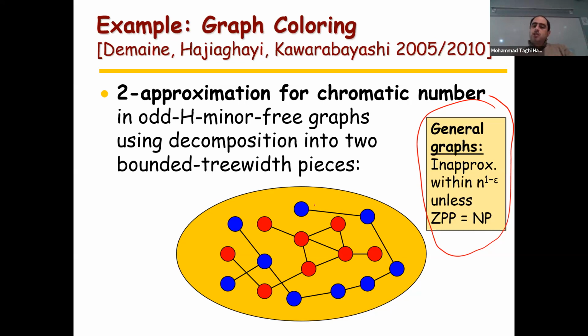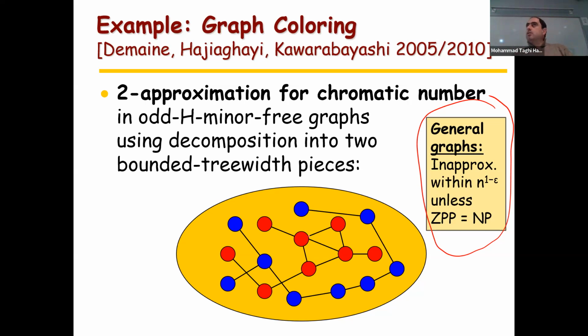So you will find the best coloring of this bounded treewidth graph, the blue one and the red one. In polynomial time, you can do that, essentially with dynamic programming, which is a generalization of dynamic programming on trees.